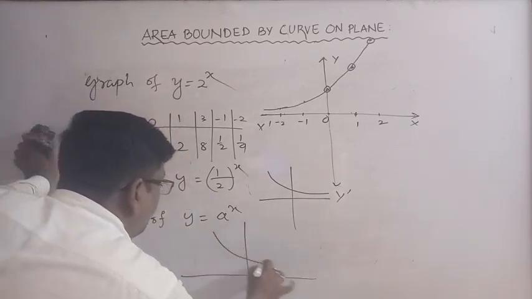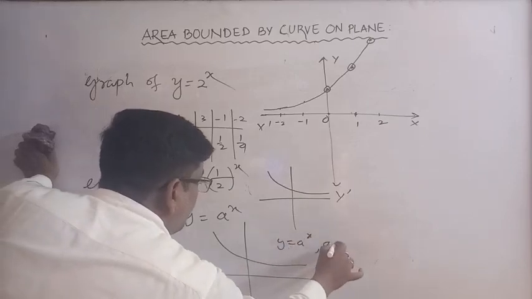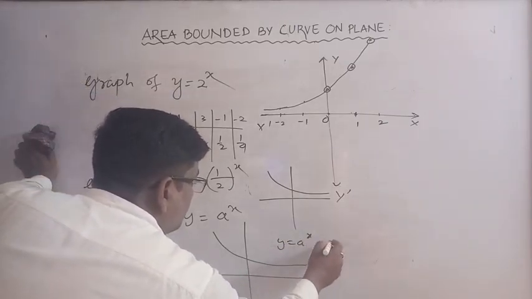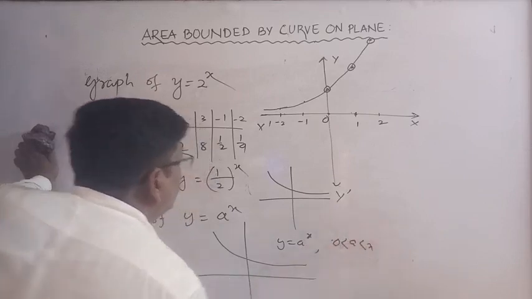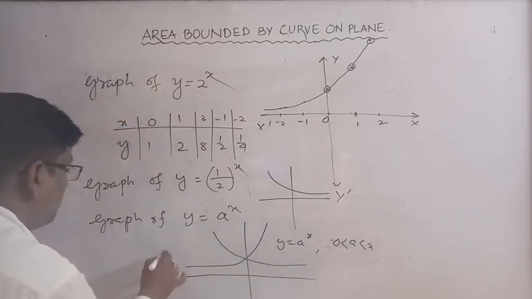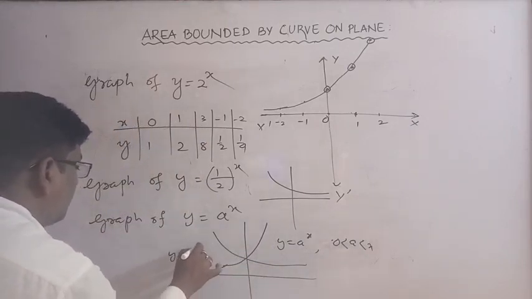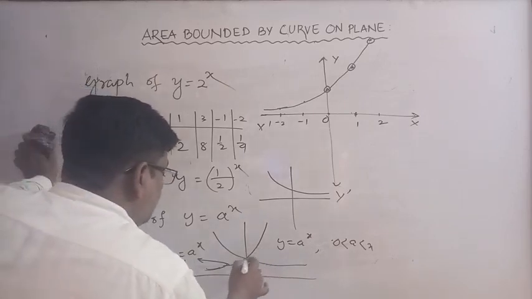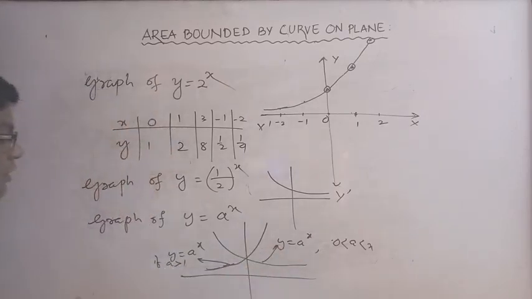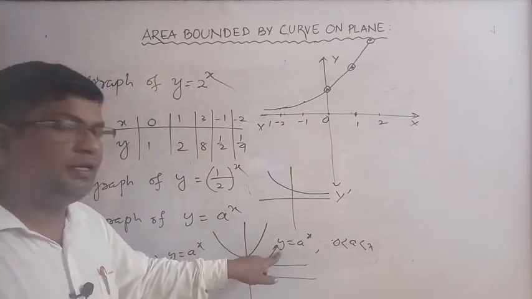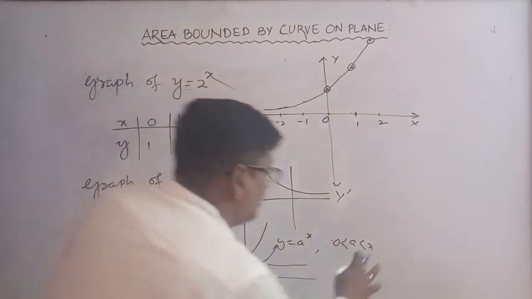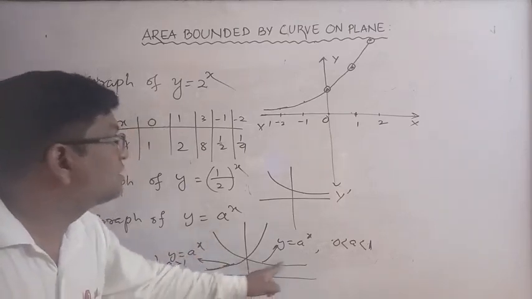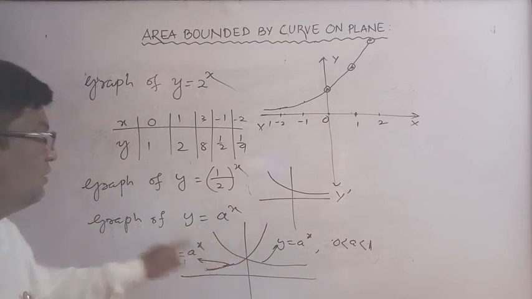For a greater than 1 the graph is like this, and for a lying between 0 and 1, the graph is like this. If a lies between 0 to 1, then the graph is like this. If a is greater than 1, then the graph is like this.